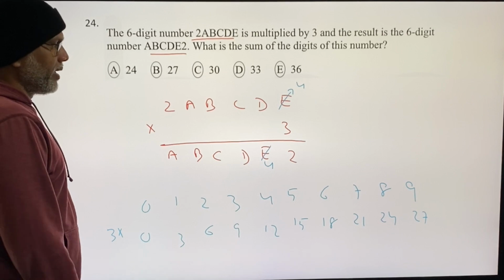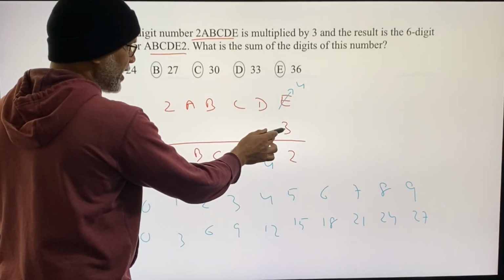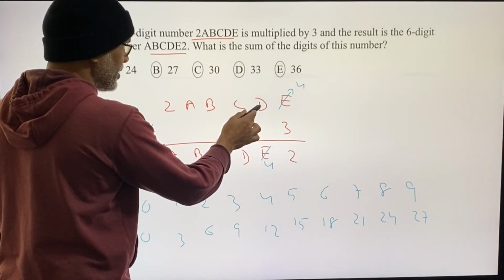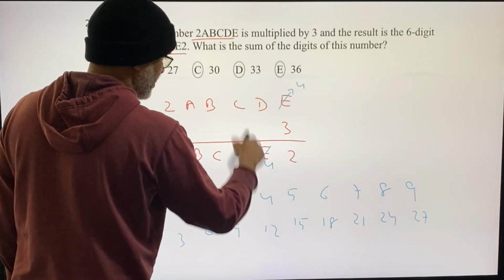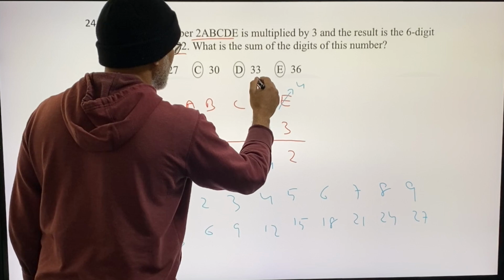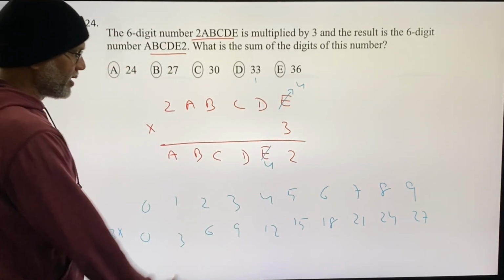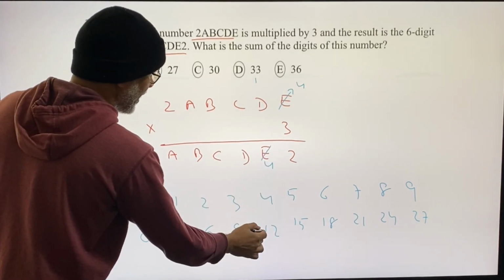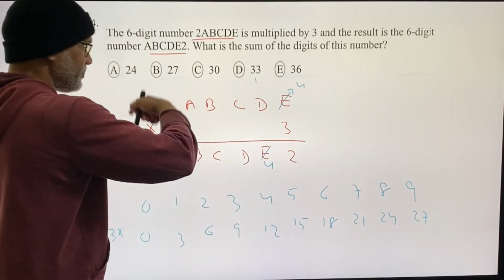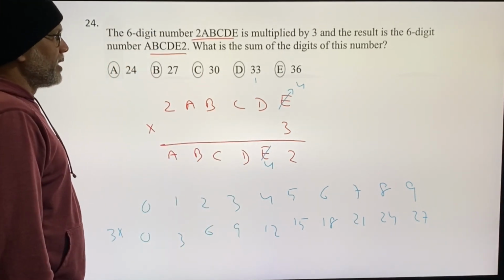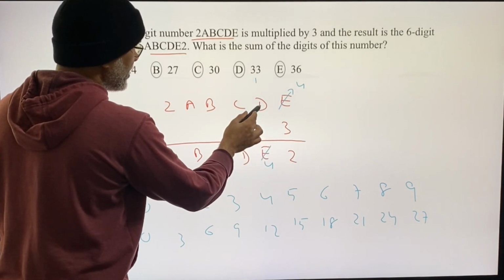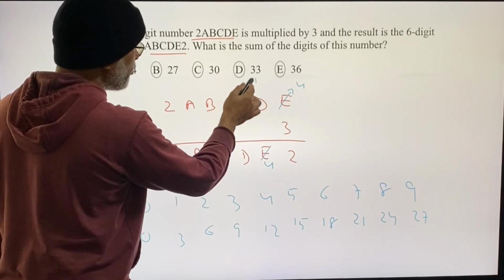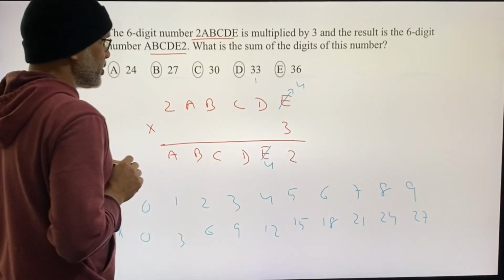Now I have to multiply 3 with D. Again, if I multiply with 4, the carryover is 1, right? So I have to remember that I get 2 at the unit place and then 1 as the carryover. Now I have to multiply 3 with D. So whatever I get, I add 1 to that and then I end up with 4.